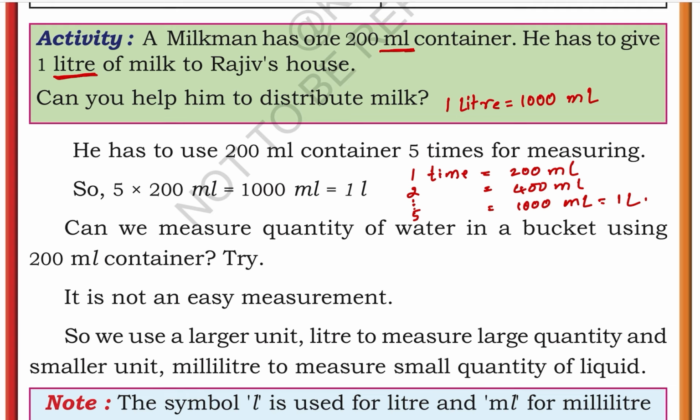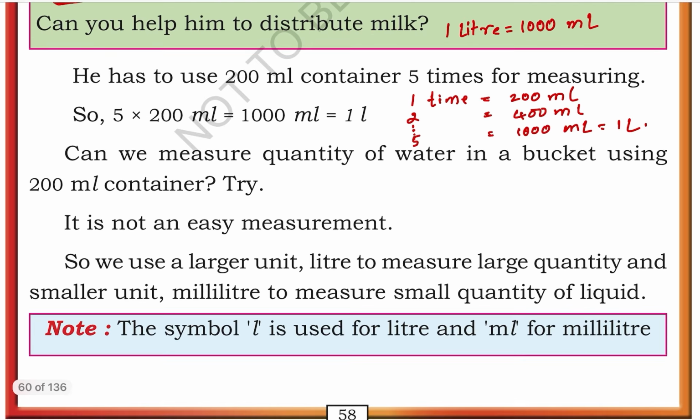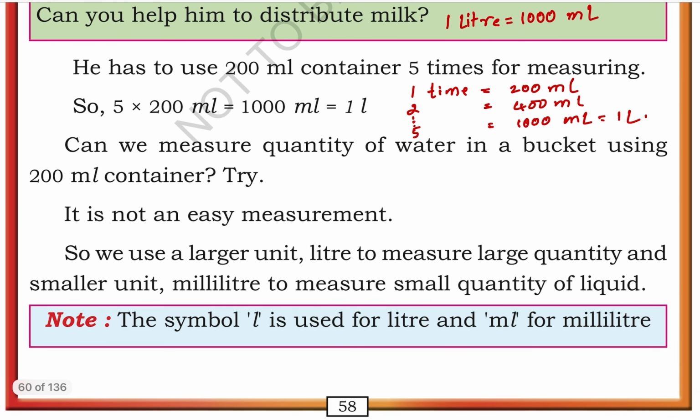It's very difficult, very hard. For 1 liter itself, he has to pour 5 times, and imagine for 50 liters, it is very difficult. So for larger quantities we will use larger units.